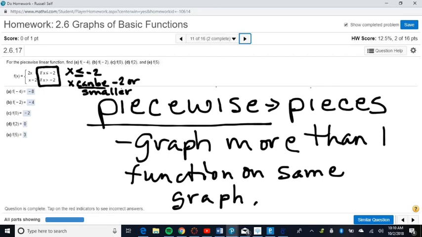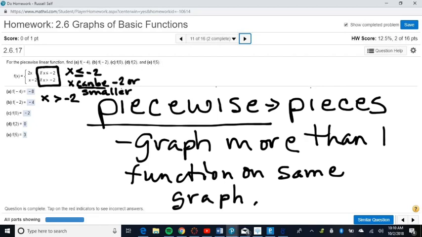But the key part of that is it can be -2, and that's because of this little equal part right there. So that little equal part tells you that it can be that number. Look at the bottom one here. We have x is greater than -2.